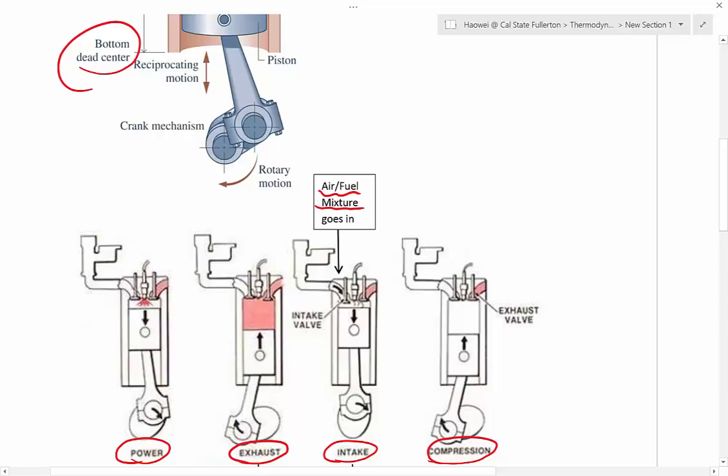Next, we need to convert the four strokes into thermodynamics. What we do first is let's take a look at the exhaust and intake strokes at the same time. In reality, what happens is you push out the exhaust and then you suck in the new mixture. The exhaust is hot and the new mixture you suck in is cold. This is what happens in reality. When we convert those two steps into thermodynamics, we combine them into one single step.